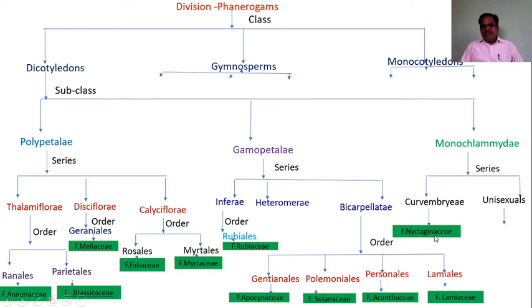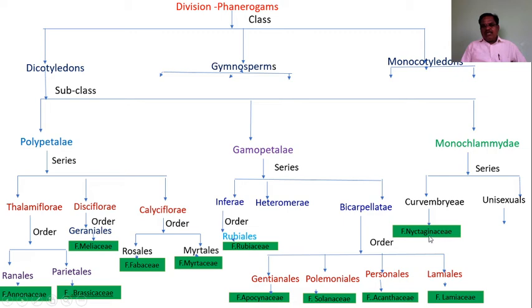Nyctaginaceae is the family of Bougainvillea spectabilis or Mirabilis jalapa. Vernacularly it is known as Gulbakshi or Bougainvillea. Nyctaginaceae has basal placentation. One more thing, petals are absent but perianth is present. Large colored bracts are found in this one.